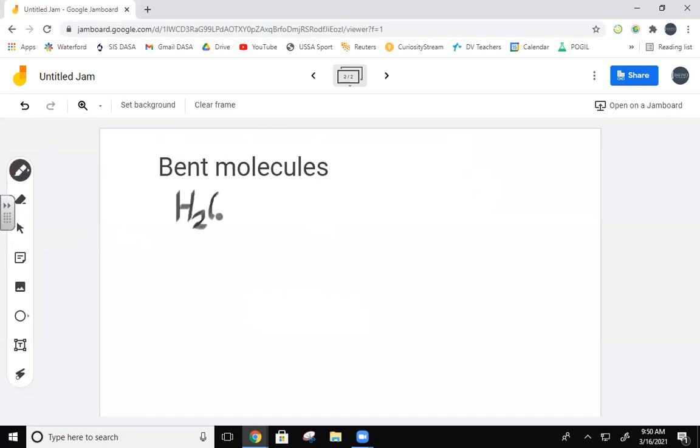Okay. Dihydrogen monoxide, water, right? Water has a shape that looks like this. So if we were to draw the letters, we have an O in the middle. And then coming off the sides, we have an H and an H.